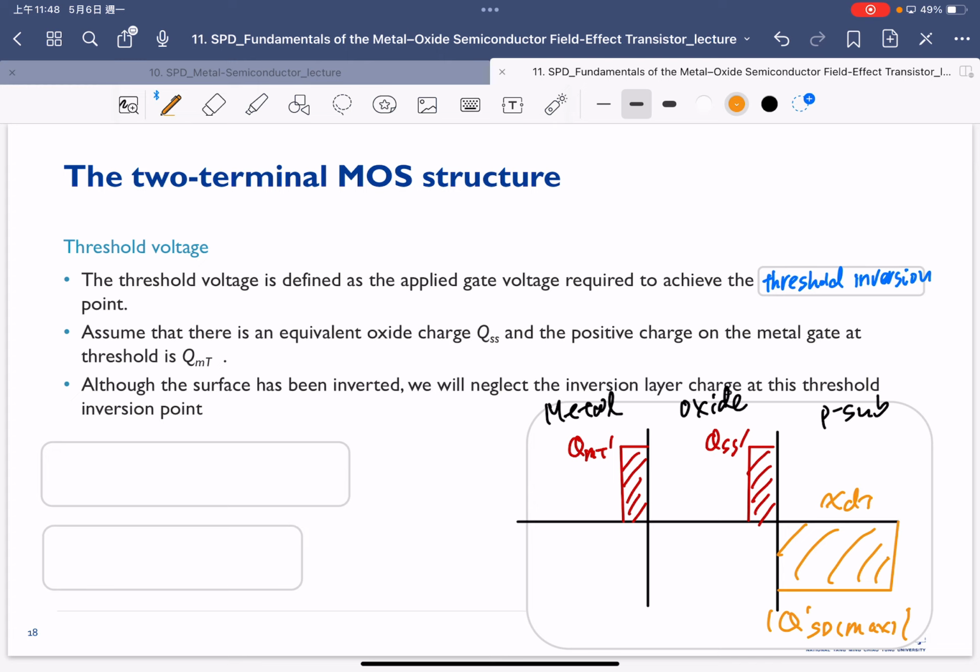Therefore, the overall charge balance is that this plus this one is equal to this one.